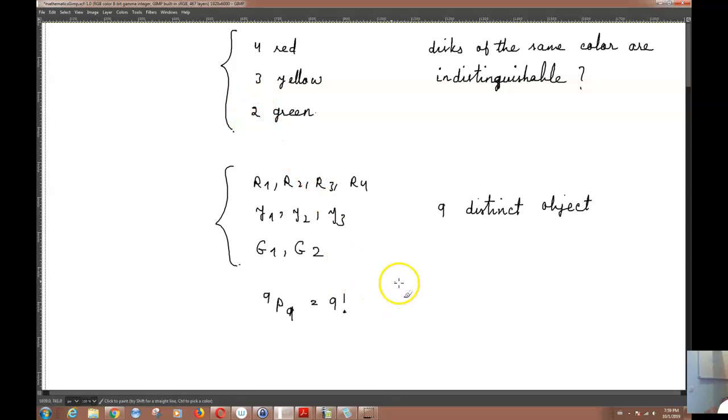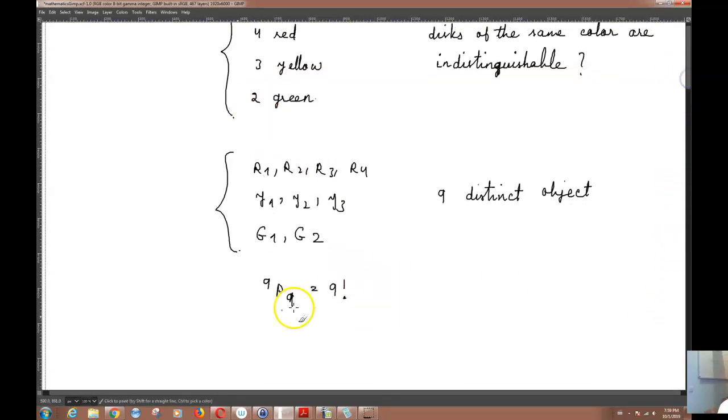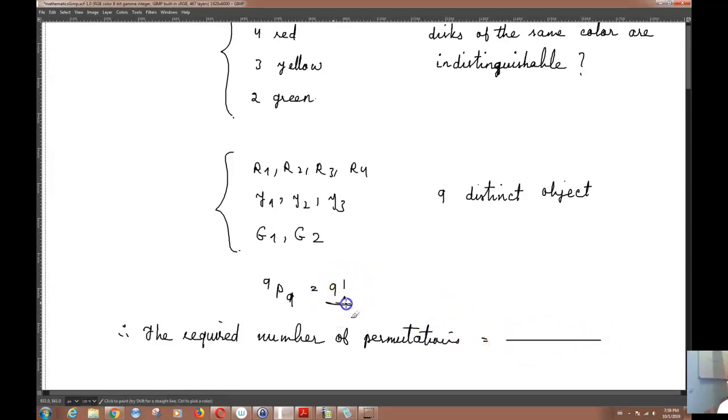So the required number of permutations is equal to 9 factorial divided by the permutation of the 4 red discs, which is 4 factorial, the 3 yellow discs, which is 3 factorial, and the 2 green discs, which is 2 factorial.